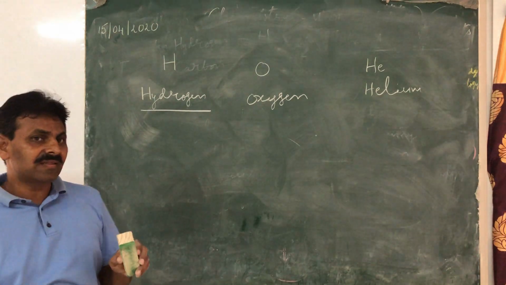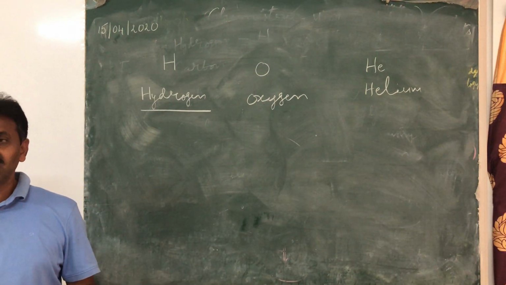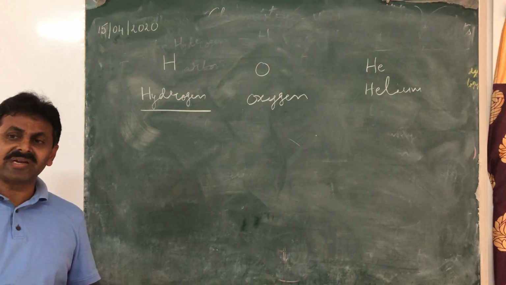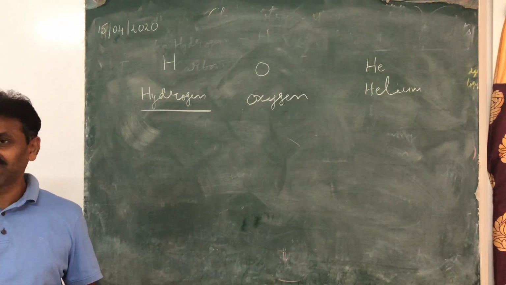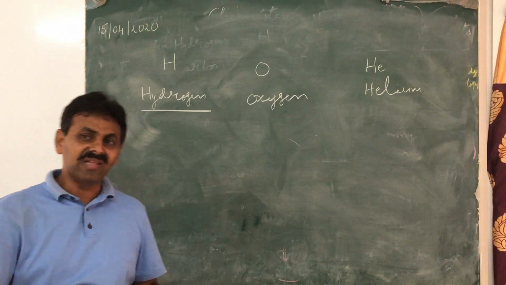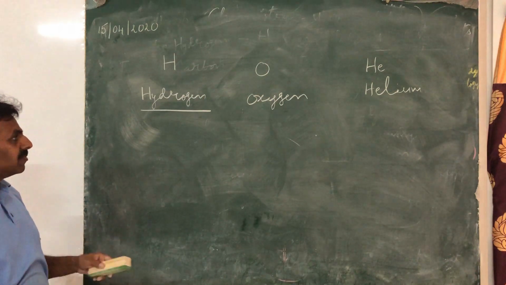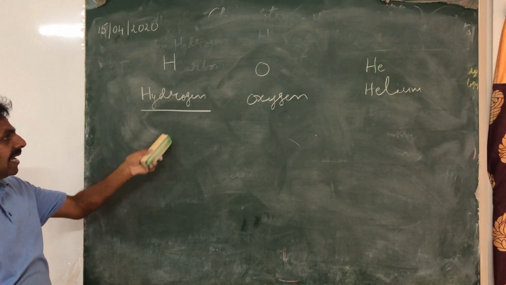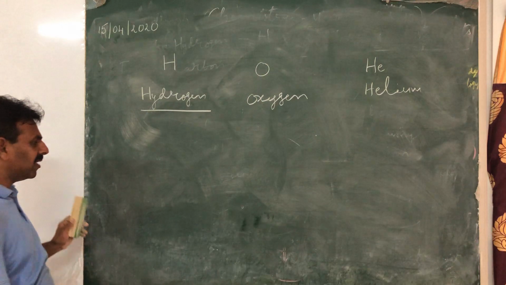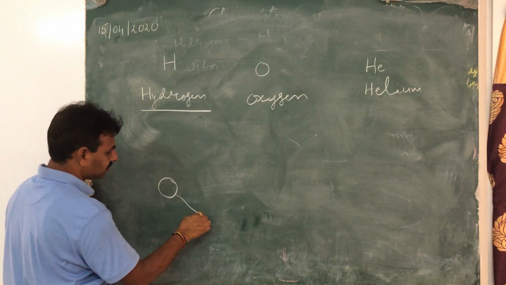Just like the plant cell or animal cell consists of a centrally located nucleus, and it has nucleoplasm within that, similarly the atom of any element consists of a centrally located nucleus.